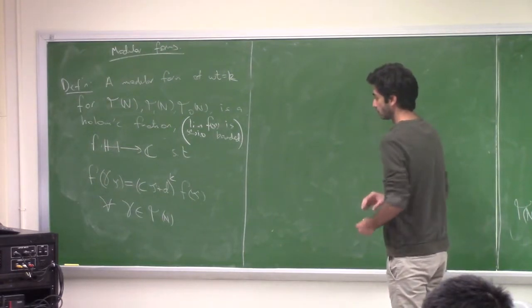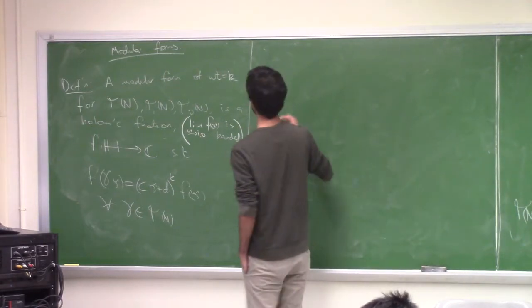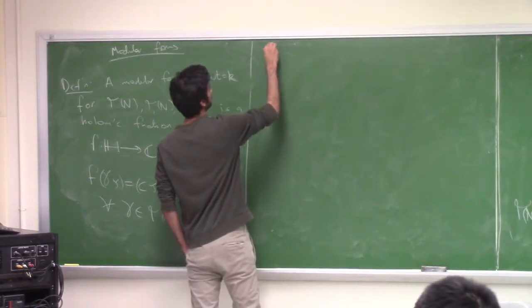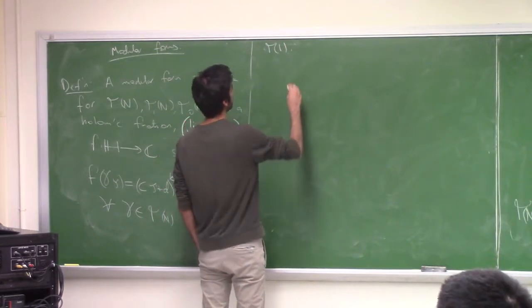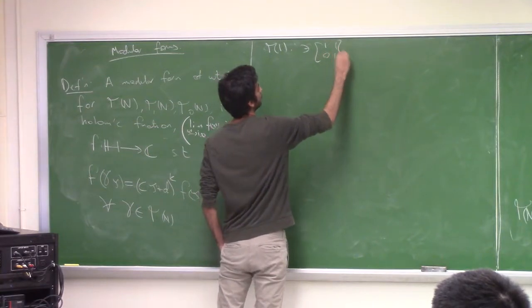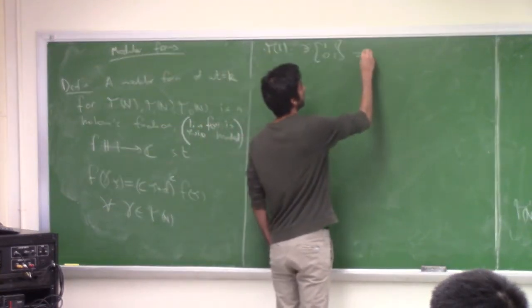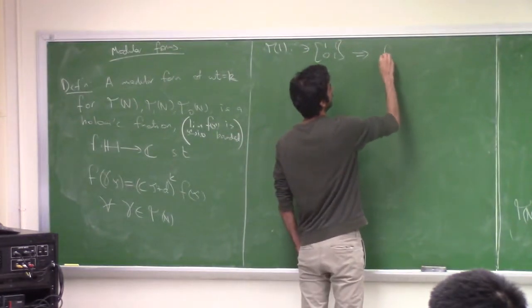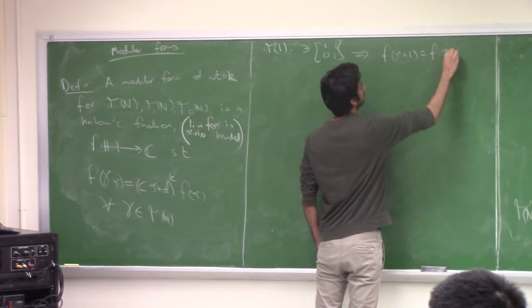So let's fix, just for the sake of examples, the easiest one, gamma 1. And we see that gamma 1 contains this translation matrix 1, 1, 0, 1, which then implies that if you have a weight k form, then f of tau plus 1 equals f of tau.